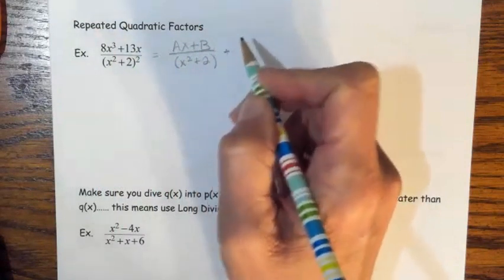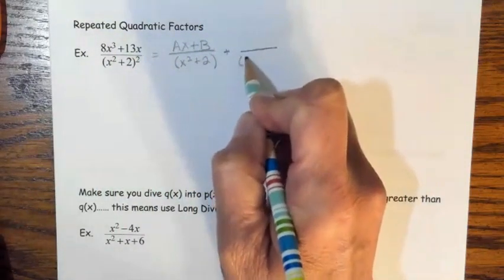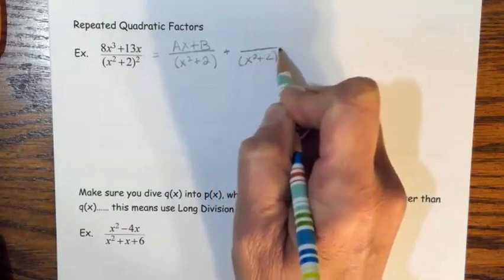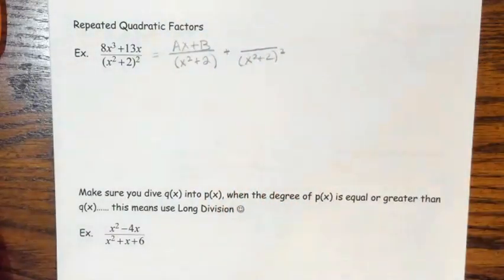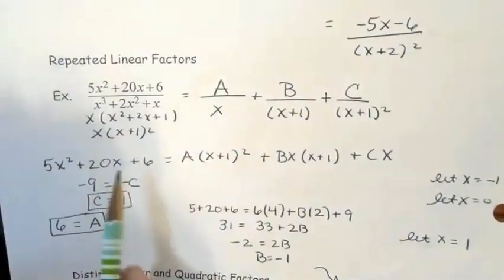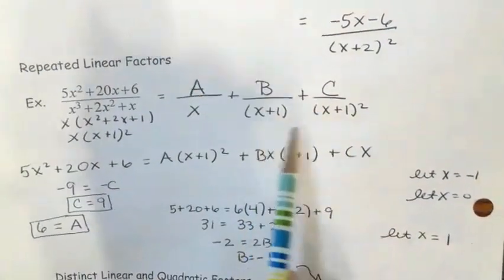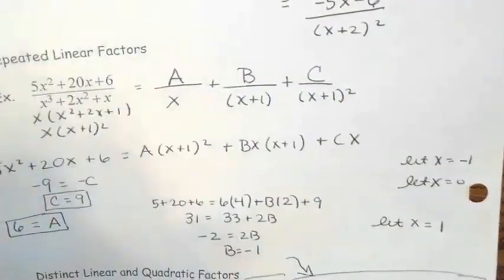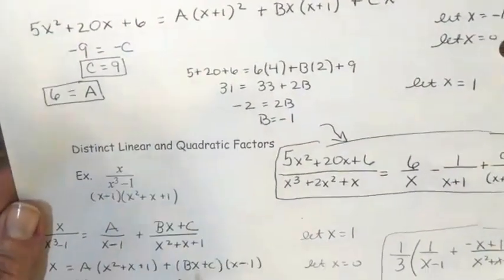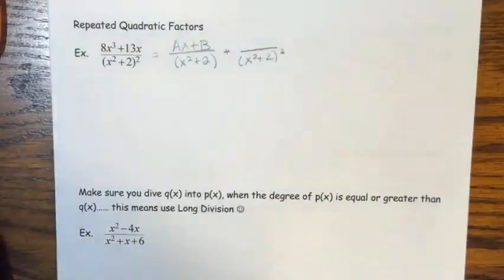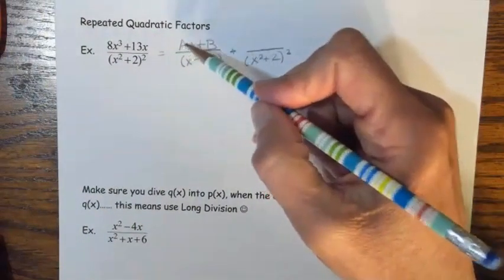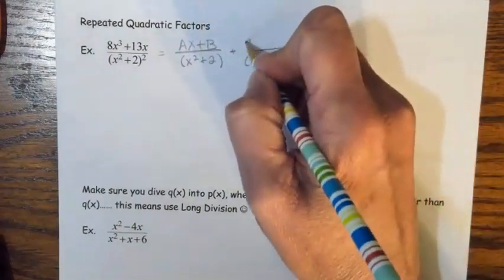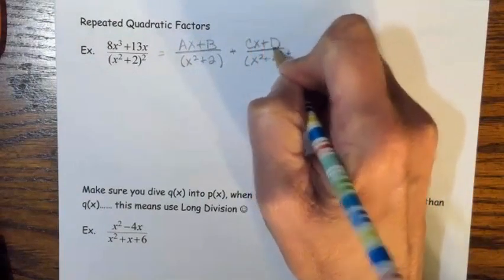Then I also have to have another denominator as x squared plus 2 squared, again following the rules that we did when we had a repeated factor. We did it to the first power, then we did it to the second power. The bx plus c is coming from this example down here because the factor itself is quadratic. So I used a and I used b, so now I'm left with cx plus d.